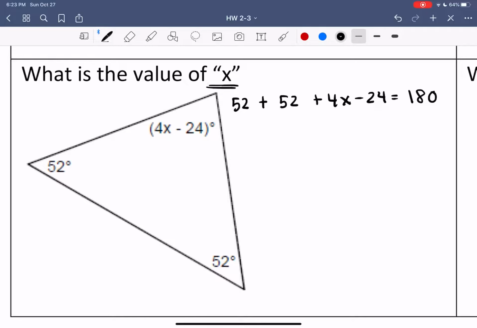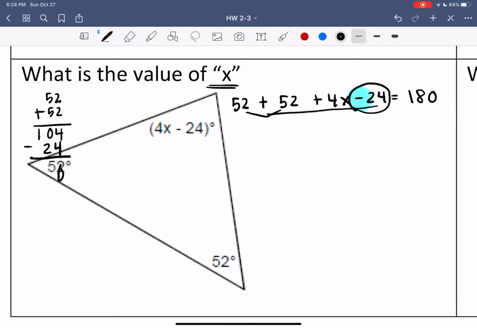So we have to combine our like terms. So we have this one, and this one. So 52, but the key here, I want to just point out this negative sign right here. So we have to make sure that we're not changing any signs. So it's going to be 52 plus 52, which is 104. But then we have a negative 24, so we're going to have to subtract 24 from here.